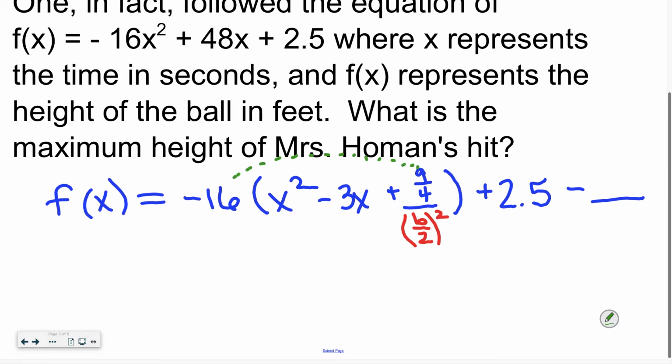So this is being multiplied by negative 16. So when we fill in this mystery number, it's really negative 16 times 9/4, which would be what? Negative 36, right? So we're subtracting a negative 36.